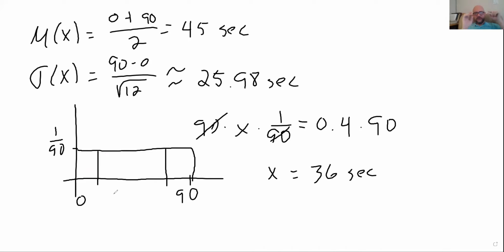It says 5% of drivers have to wait longer than t. So what that means is that 5% is more than t. So it's over here. This is the 5%, and then this part is 95%. So I'm looking at t here, where this is 5% and this is 95%.